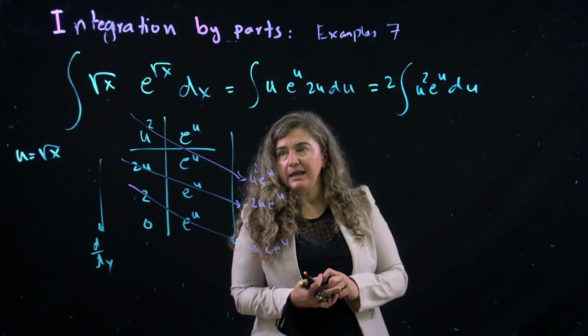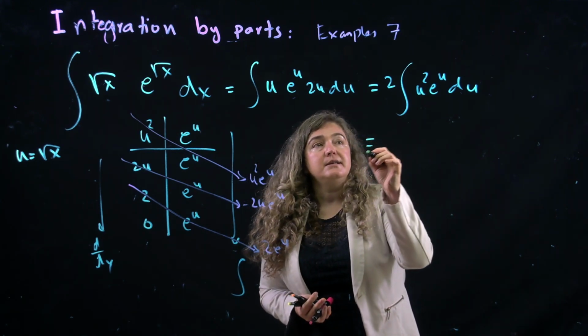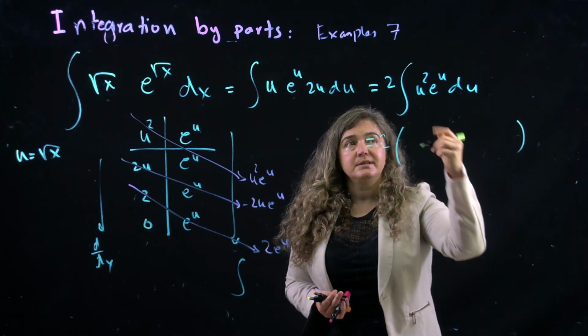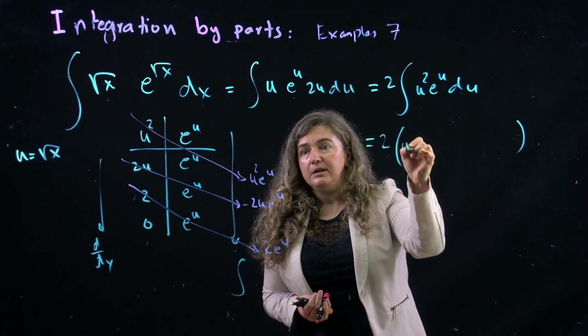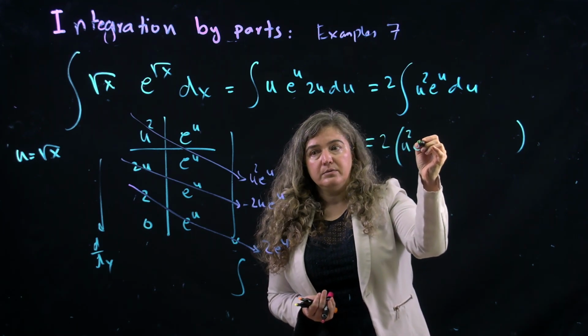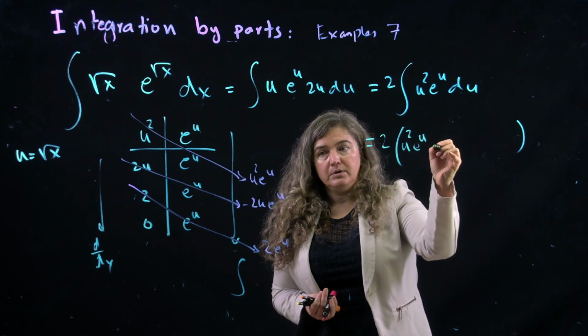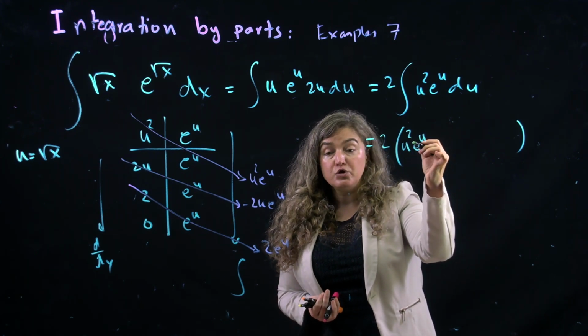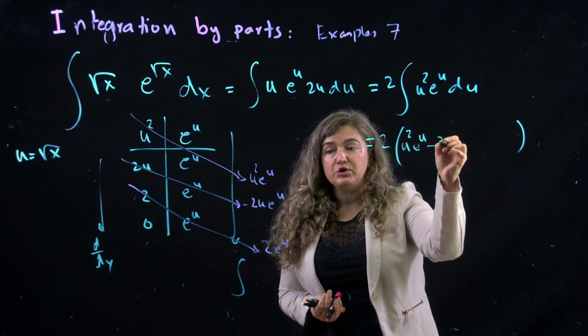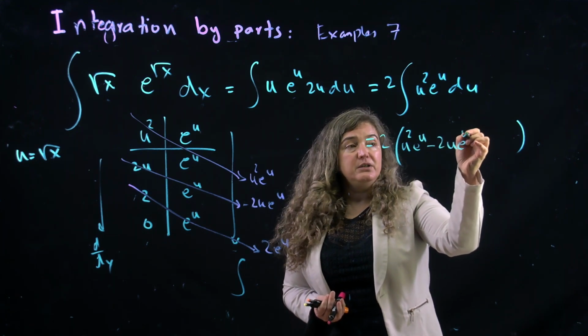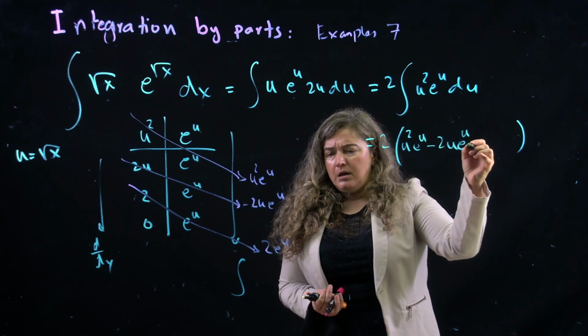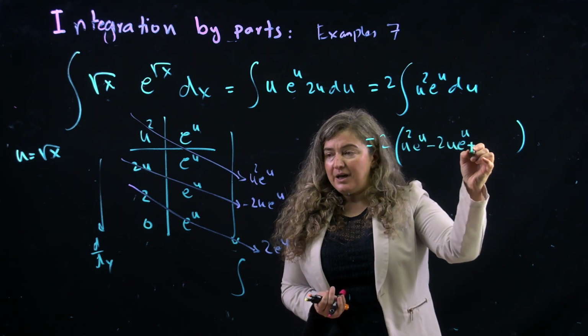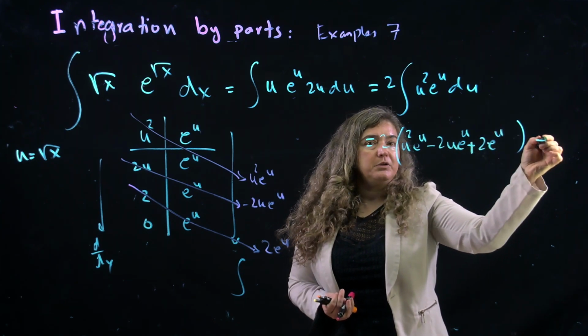And so what I end up with is 2 times u to the power 2 e to the u minus 2u e to the u, and the last one is plus 2e to the u, plus c.